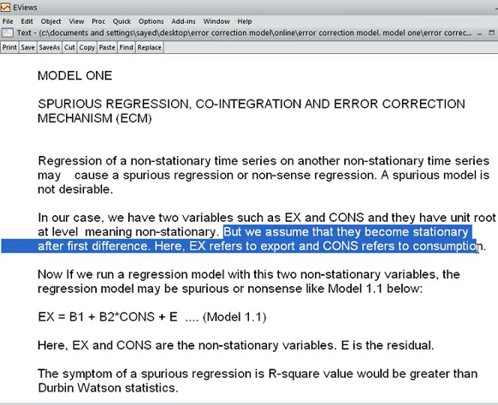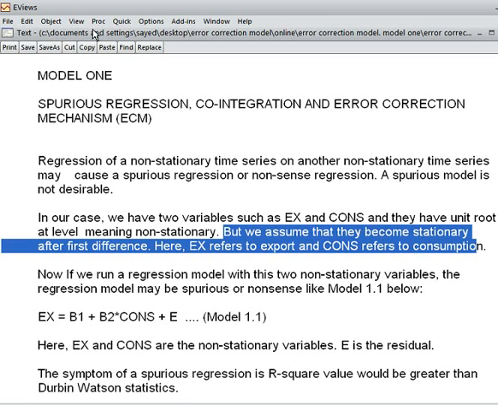What is our assumption? Our two variables ex and cons have unit root at level, but when we convert these two variables into first difference, then they become stationary. That is our assumption.